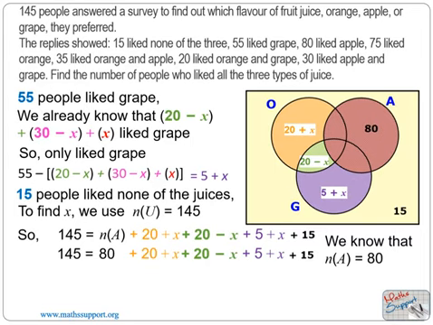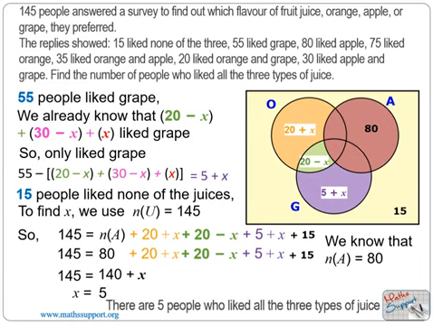We know that the number in A is 80, so 145 will be 80 plus 20 plus X plus 20 minus X plus 5 plus X plus 15. So rearranging this gives us that X will be equal to 5. So there are 5 people who like all three types of juice.